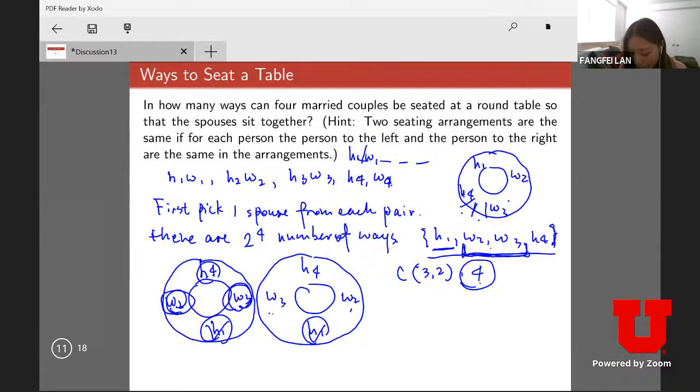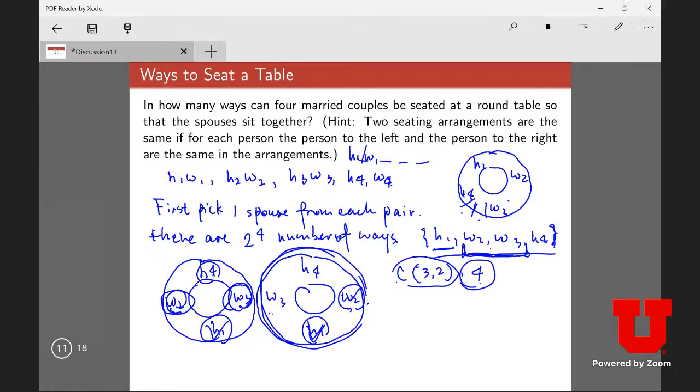For example, if the first person you picked is W2, you still only have 3 arrangements to arrive at the same exact arrangement as if you picked H1 first. There's only 3 ways to arrange these 4 people at a round table.